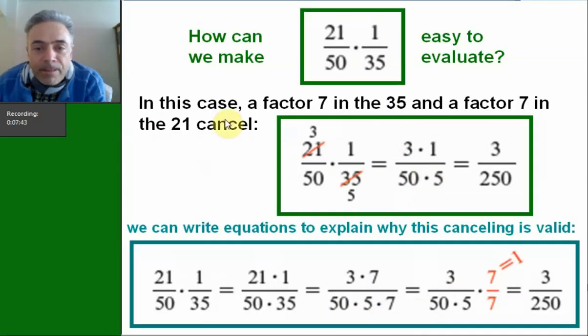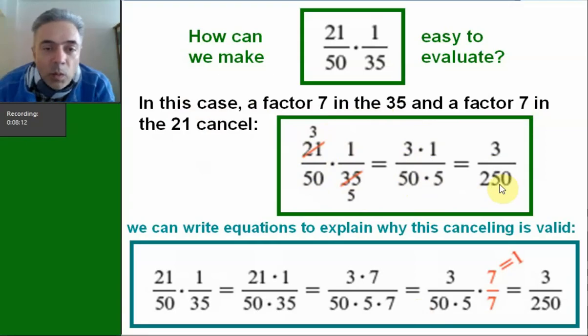In this case, a factor 7 in 35 and a factor 7 in 21 can cancel. If you divide 21 by 7, it's going to be 3. If you divide 35 by 7, it's going to be 5. So it's going to be 3 times 1 over 50 times 5. So 3 times 1 is 3, 50 times 5 is 250.